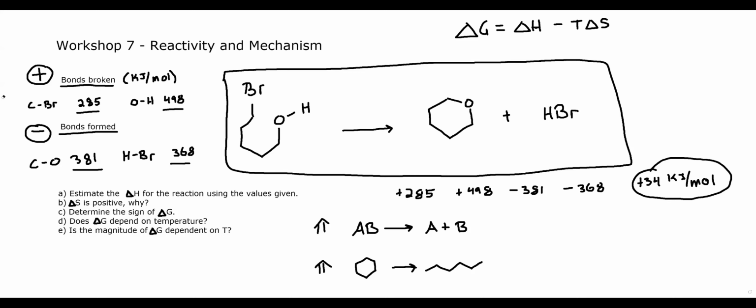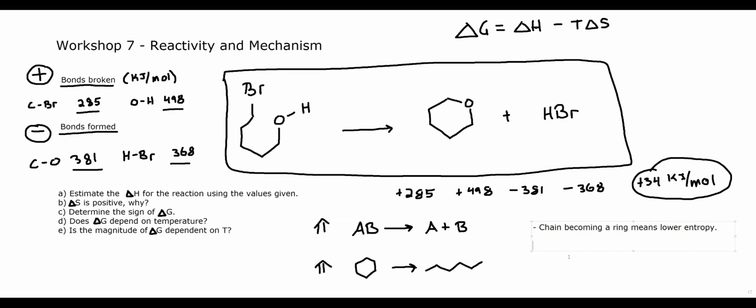Let me draw it like this. I'll draw it with text here. So the chain becoming a ring means lower entropy.